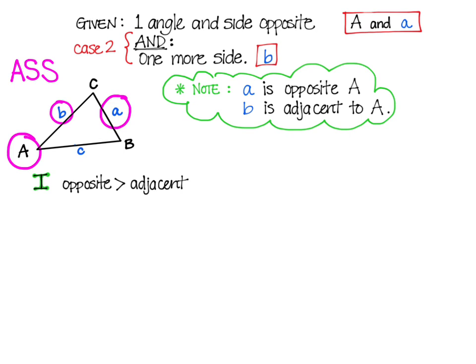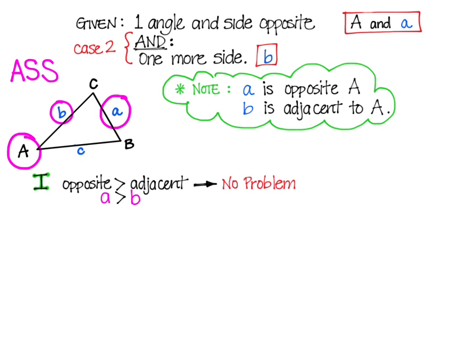We're going to talk about how we know whether we have ambiguity or not. So first of all, to find out if we have ambiguity, we are always going to compare the opposite side, which we identify as side A, to the adjacent side, which we identify as side B. So we're going to compare them, and when side A is greater than side B, when the opposite side is greater than the adjacent side, it's no problem. There'll be no ambiguity.